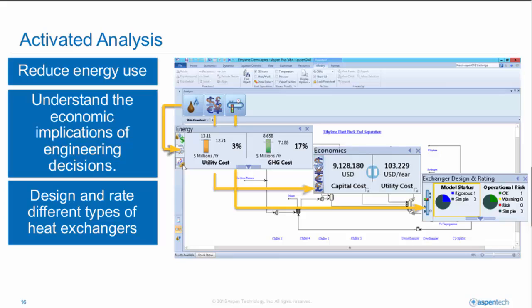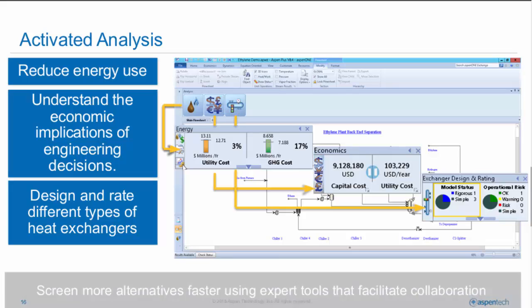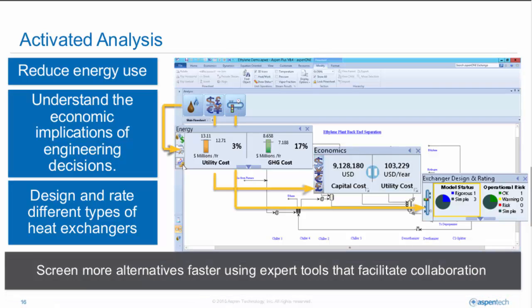And with exchanger activation, I can design and rate different types of exchangers, including shell and tube exchangers, air-cooled exchangers, and plate exchangers, using our proven and rigorous exchanger models inside Aspen Plus. This makes it much easier to screen more alternatives more quickly during conceptual design and to help bring the feed process forward to do more of that activity during the early conceptual design.